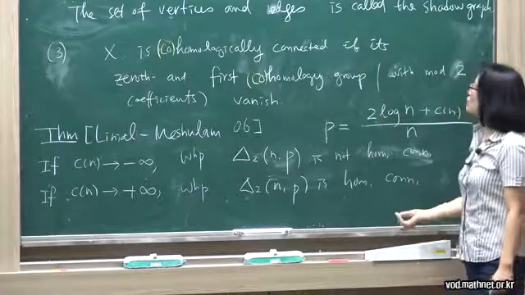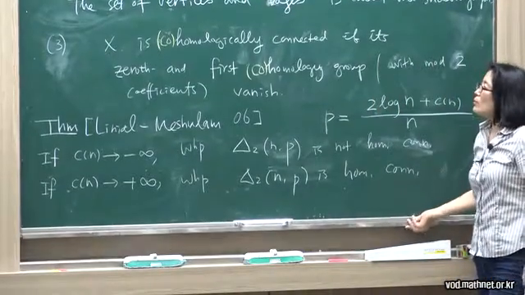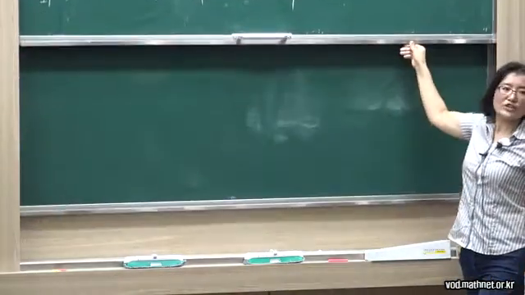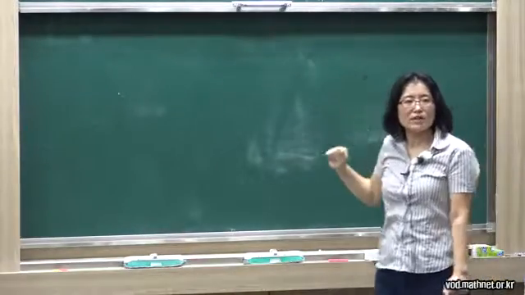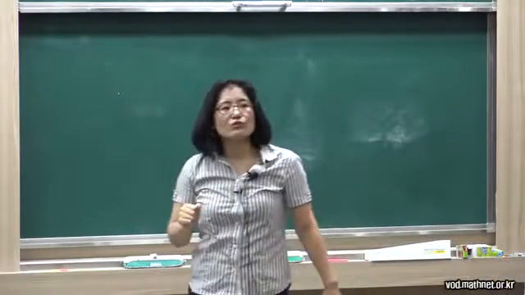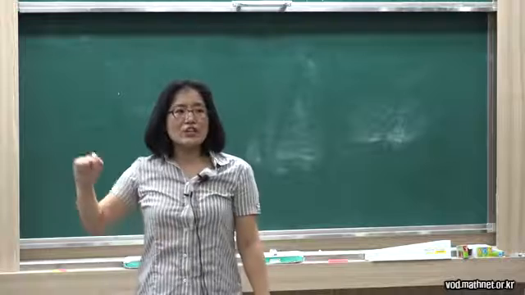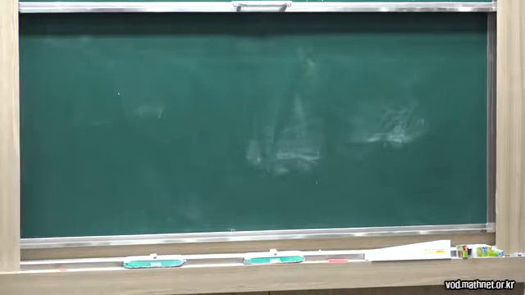Zeroth homology group vanishes. The zeroth homology group has to do with the shadow graph. If the shadow graph is connected, then the zeroth homology group vanishes. The shadow graph, by this definition, takes all vertices and edges. Namely, the shadow graph is complete.